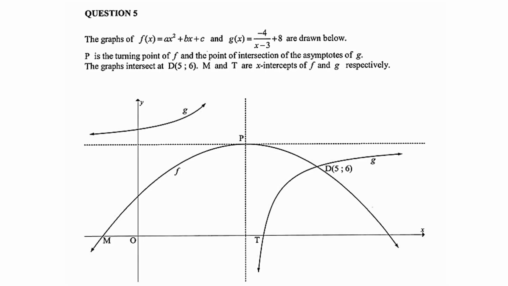P is the turning point of f and the point of intersection of the asymptotes of g. The graphs intersect at D(5; 6). M and T are x-intercepts of f and g respectively. Have a good look at the graph and see, do you recognize the parabola and of course the hyperbola.